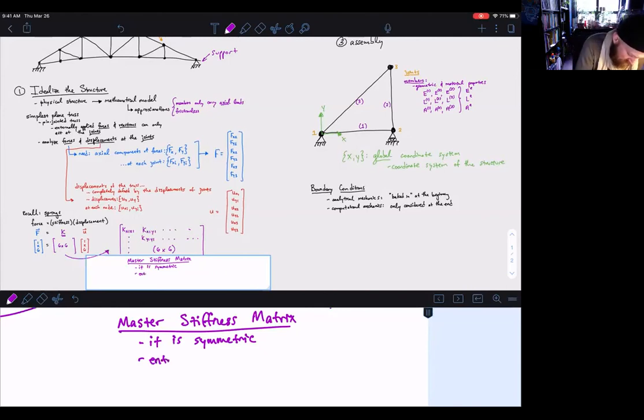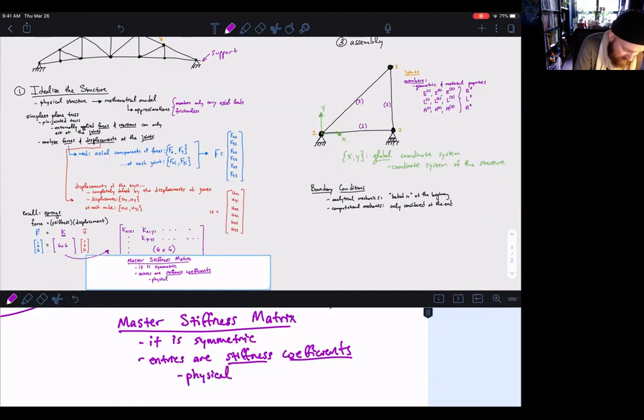I'm going to write this out. Entries are stiffness coefficients. And these have a physical interpretation.